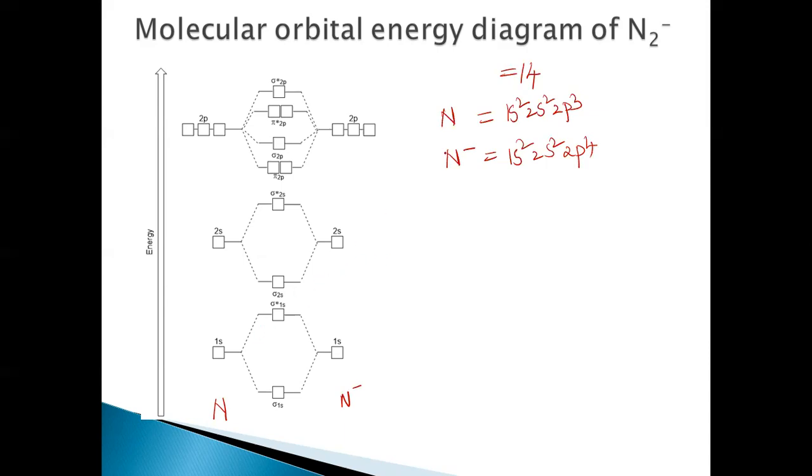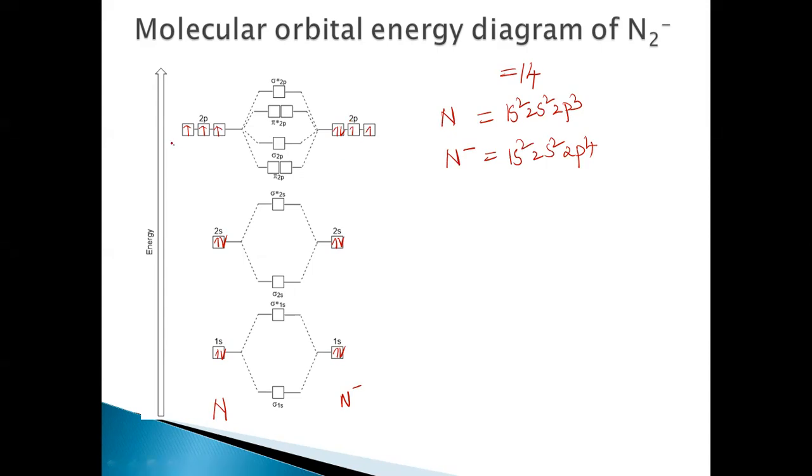Right. So let us fill the electrons. So 1s2, 2s2, 2p3, singly filled. And here also 1s2, 2s2, 2p4. First it becomes half filled, then one of them will get paired, 4 electrons.